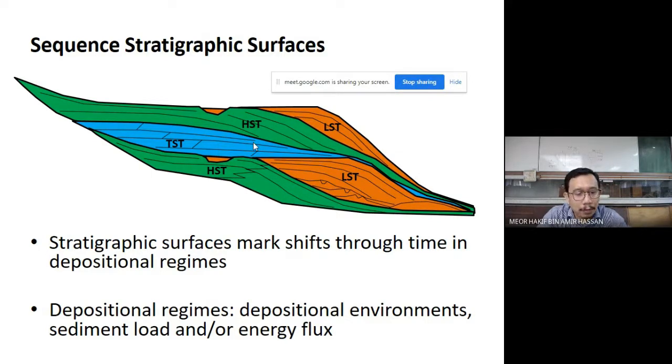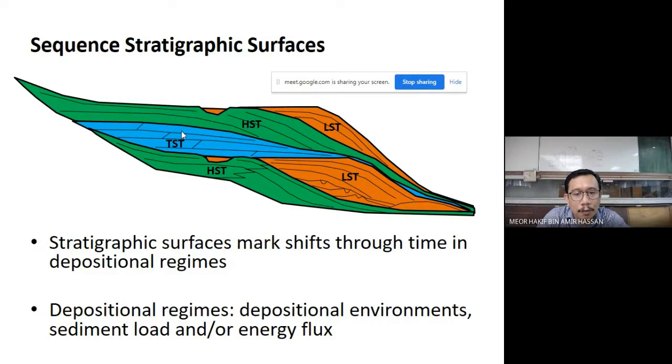You can divide your sea level cycle into different phases, right? First, during the low stand, you get progradation first, followed by aggradation of your parasequence set. Then your shoreline goes backwards, and this is during the transgressive systems tract. Okay? And this is a retrogradational parasequence set.